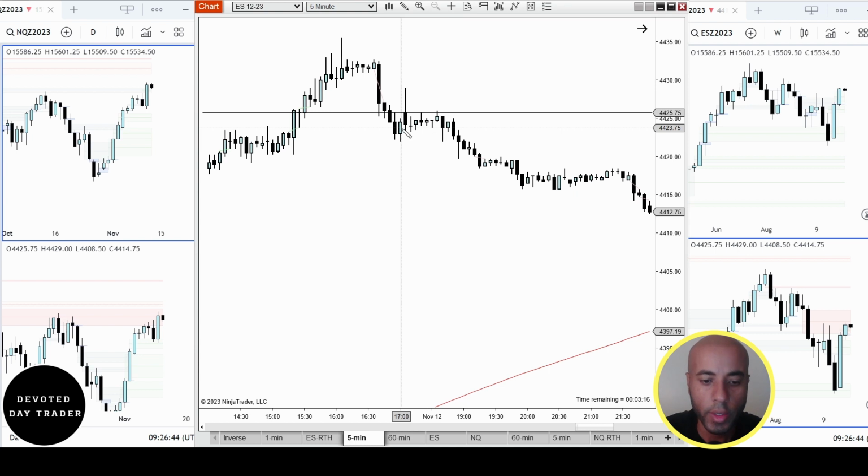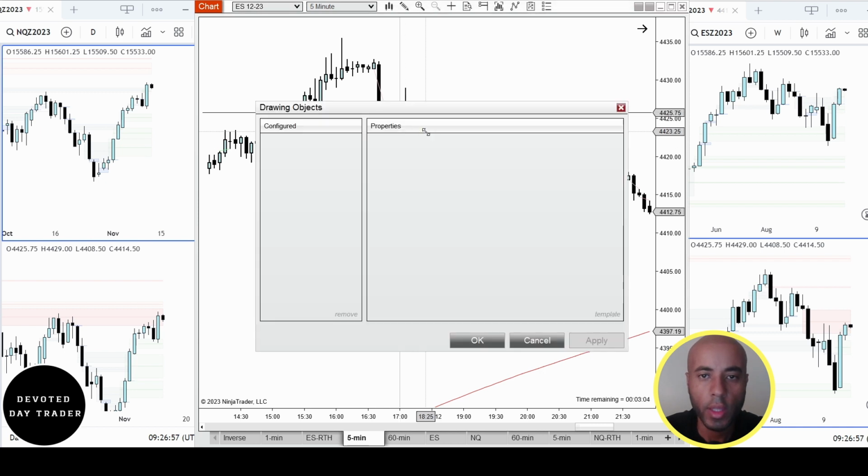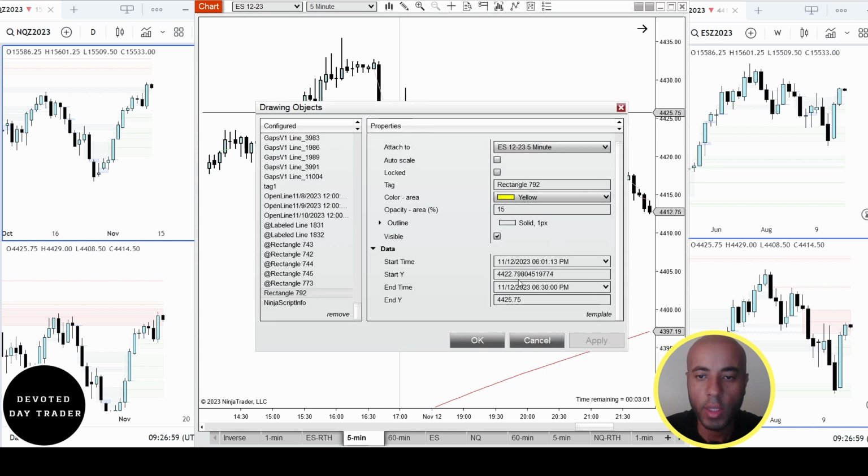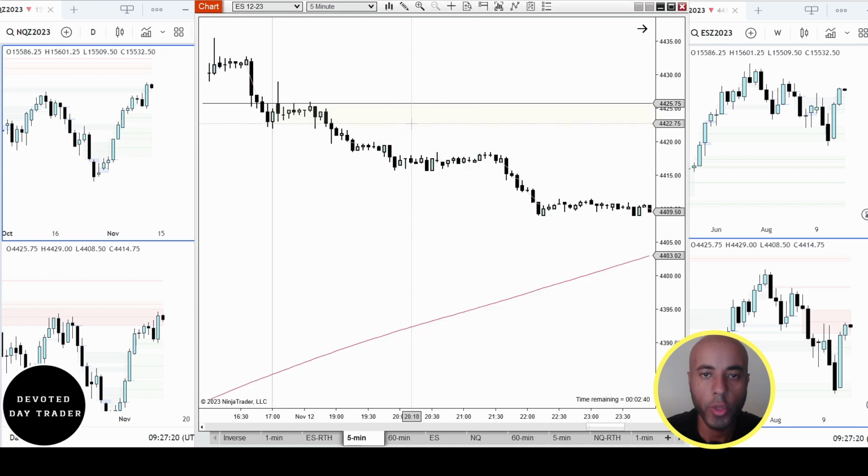So I mark out the close and the open of this candle on Sunday, and I extend this box out until the end of the quarter. So this is the new week opening gap on ES.